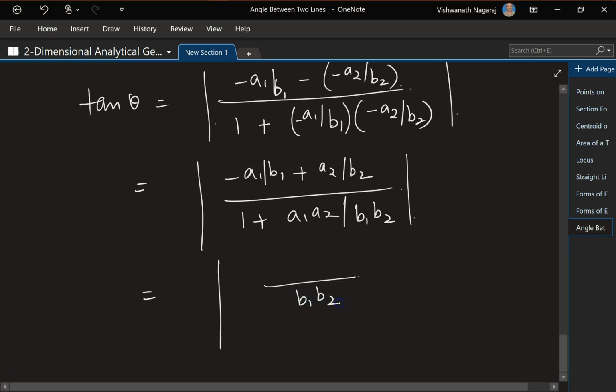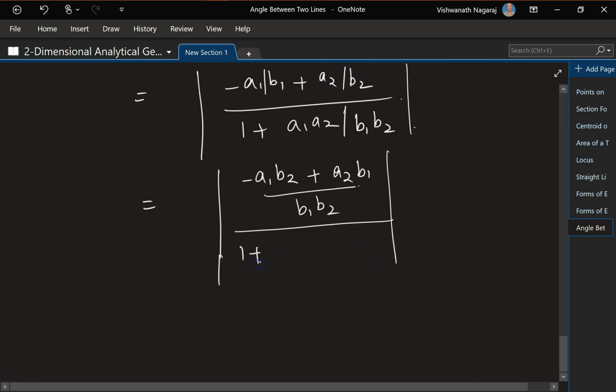The numerator becomes a1 b2 minus a2 b1 over b1 b2, and 1 plus, taking the LCM again, b1 b2 plus a1 a2 by b1 b2.